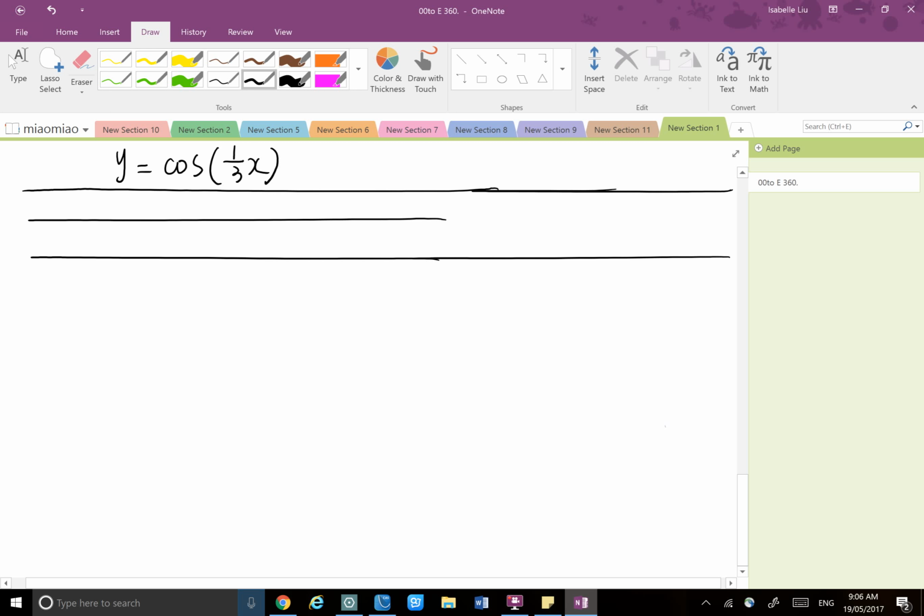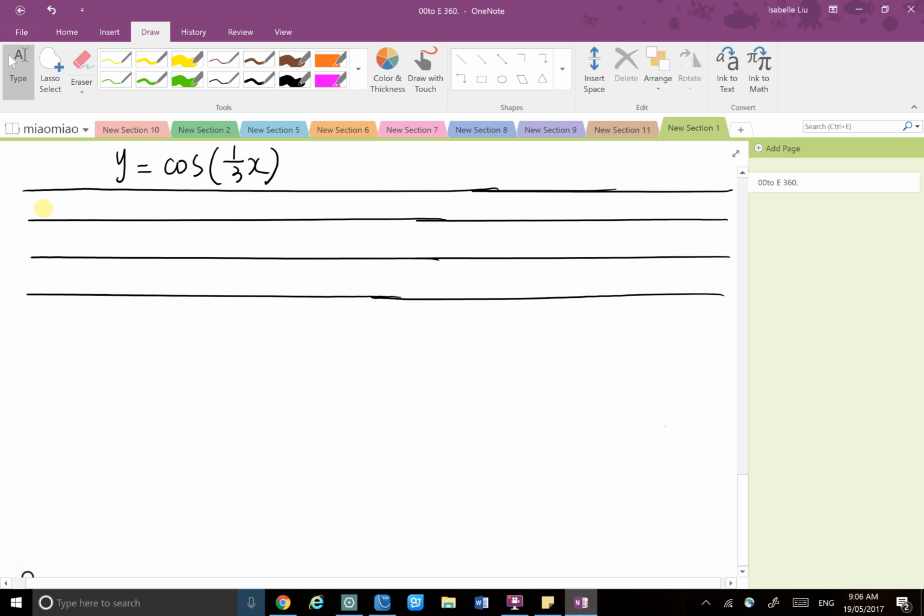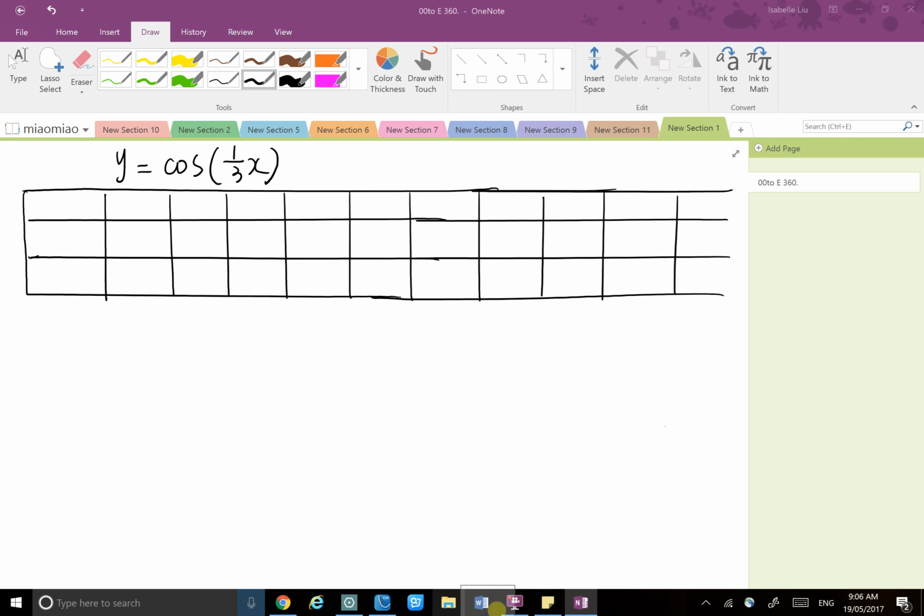Create a table first. So what I want to do is, remember the special values we used before? The special values we are using: let's say that's x, and that's cosine a third x.